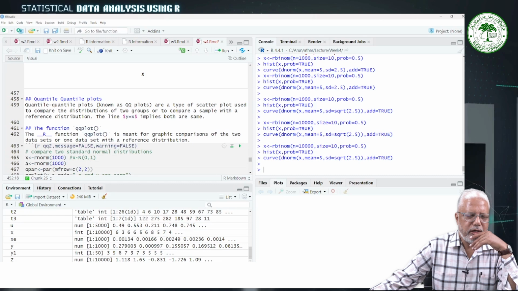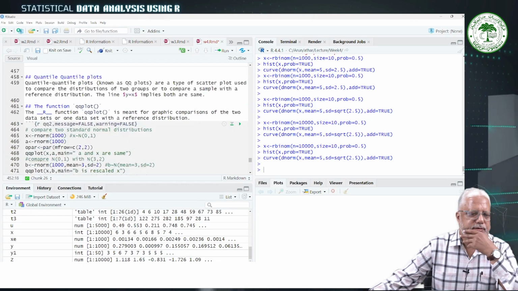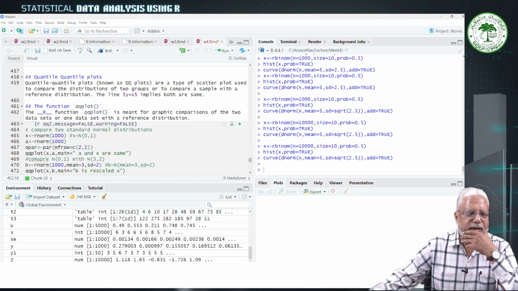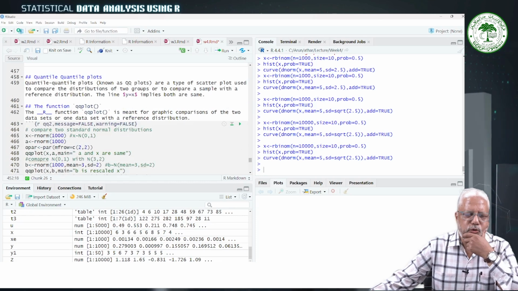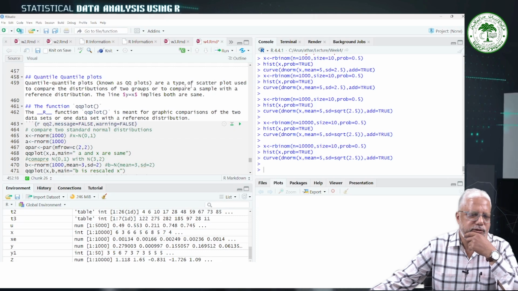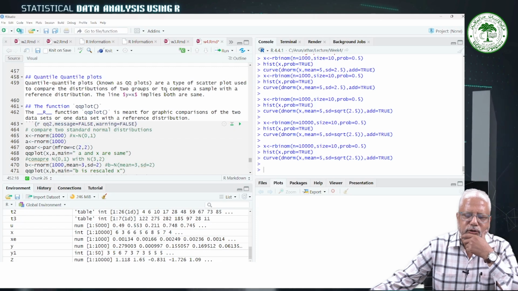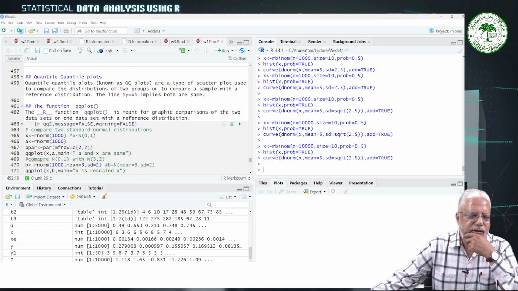Now I am going to talk about quantile plots. See, quantile plots, known as QQ plots, are a type of scatter plot used to compare distributions of two groups or to compare a sample with a reference distribution.